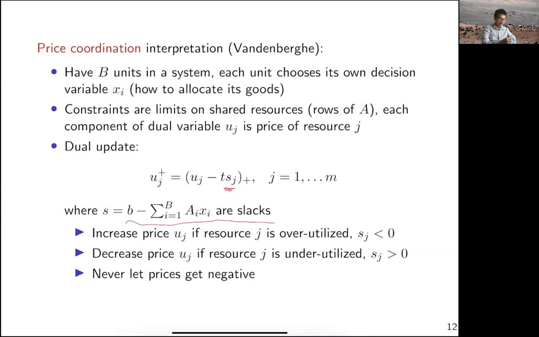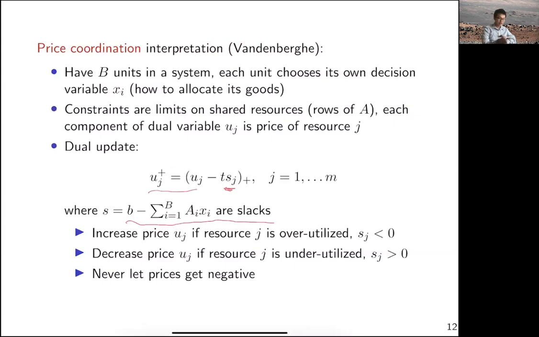So if that happens, let's move towards that direction and make use of the available resources. What this is saying is that the corresponding dual variables may represent the price of a particular resource represented in that coordinate. So we are moving towards the slack direction.